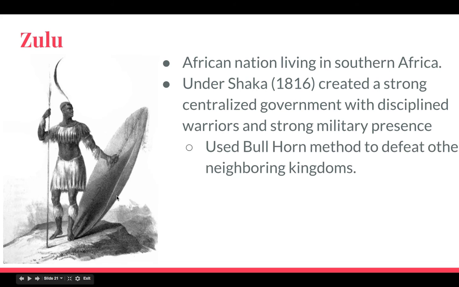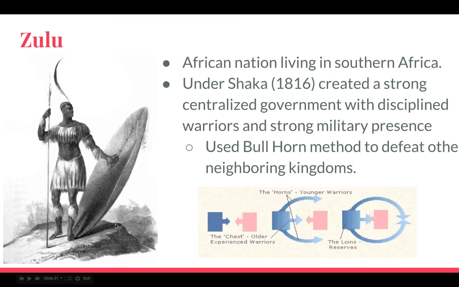He used in his warfare what's called the bullhorn method, and we're going to look at that right now. This is the old method in which to fight, and you actually see this type of fighting in Europe as well, where you have the two armies just go right at each other.